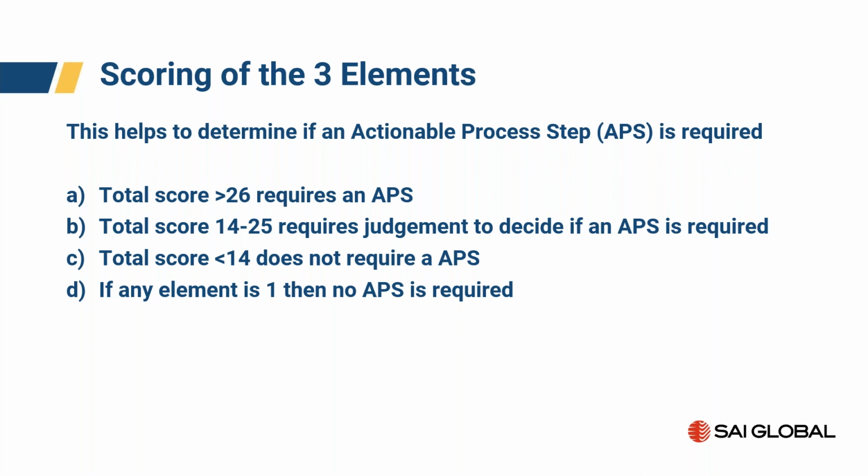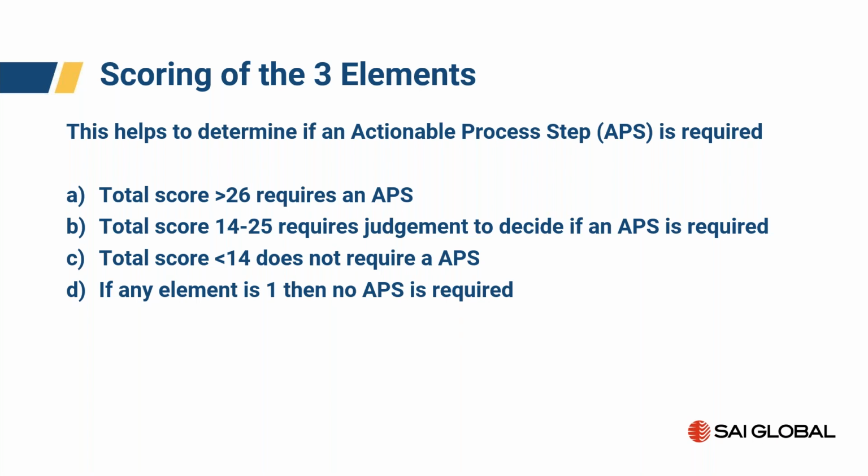Then obviously that needs an actual process step. 14 to 25 requires a judgment to decide if one's needed. If the score is less than 14, the FDA is saying you do not require an actual process step, and therefore you would write that into your justification for not having one, and the FDA would agree, as long as you've done your calculations correctly.